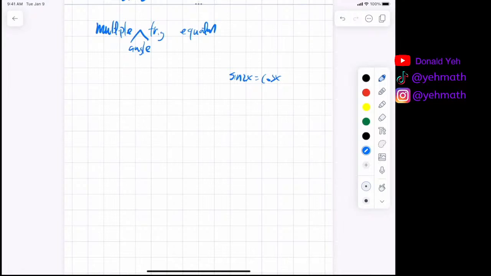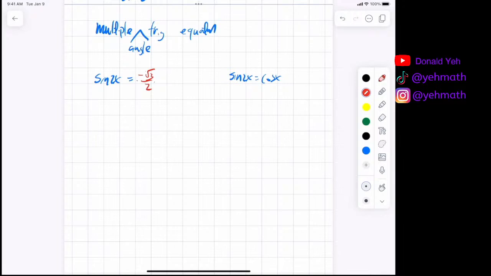Today I'm going to talk about this question. What's the difference between the first question and the second question? Well, in the second question, I can use the double angle identity. The question on the left, if I use the double angle identity, does not go any further, right?